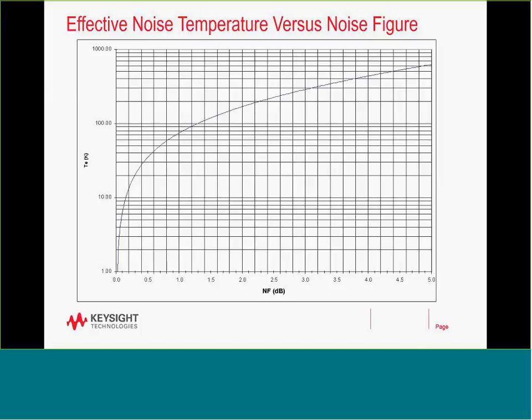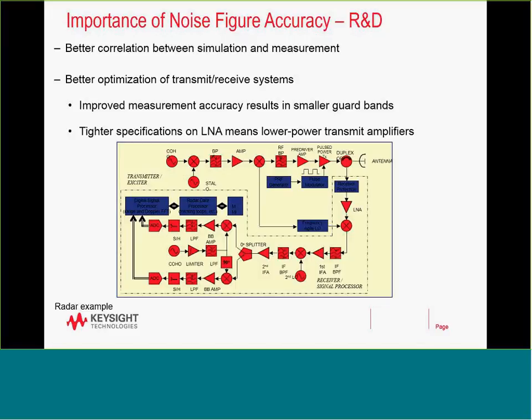The 3 dB noise figure point is about 288 degrees Kelvin, a little bit cooler than room temperature. You see that it's not a linear relationship. As we get closer to 0 dB of noise figure, the effective temperature drops very, very quickly. Noise figure and effective temperature are used interchangeably to report the noise figure of an amplifier.